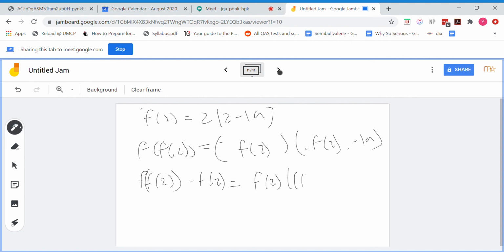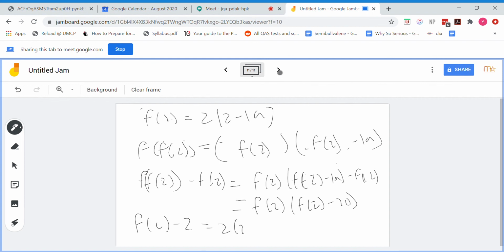And so rather than expand it, I want to factorize it, because we shouldn't expand until it's necessary. Otherwise it gets kind of messy. So if we distribute, we get f(z) times (f(z) minus 20). Then we have f(z) minus z, which equals z times (z minus 19) minus z, which equals z times (z minus 20).